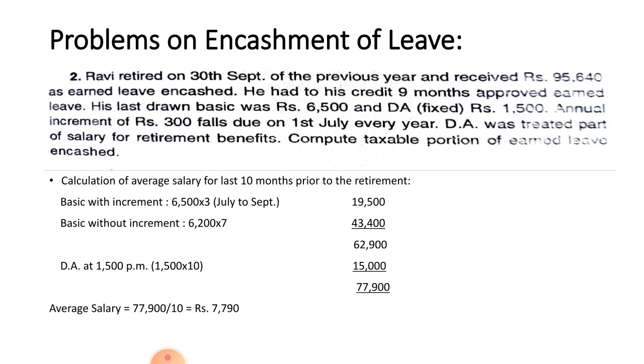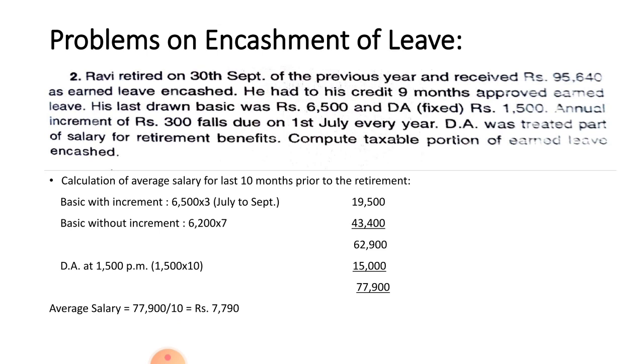See this problem. Ravi retired on 30th September of the previous year and received rupees 95,640 as earned leave encashed. He had to his credit 9 months of approved earned leave.